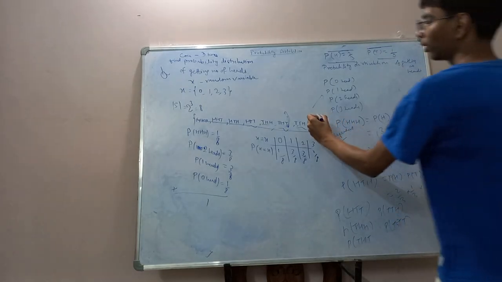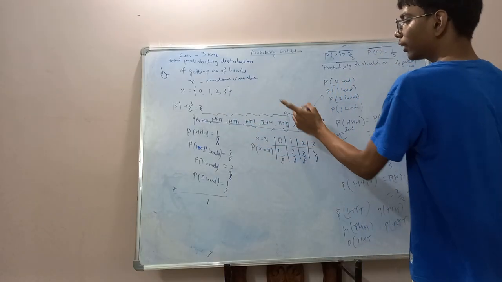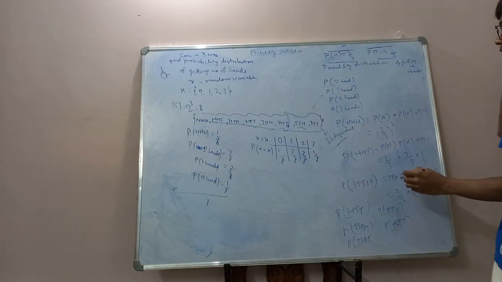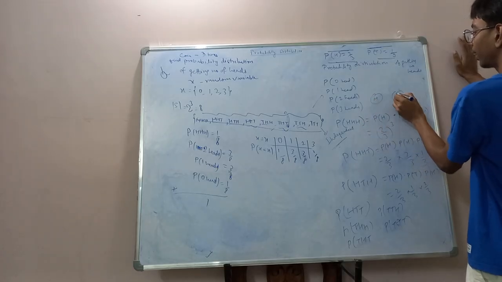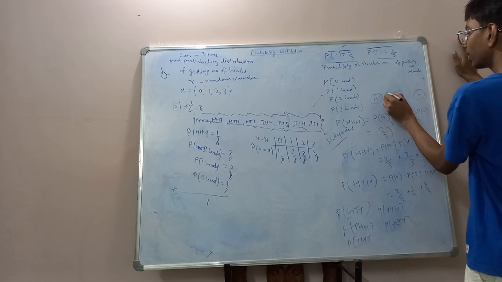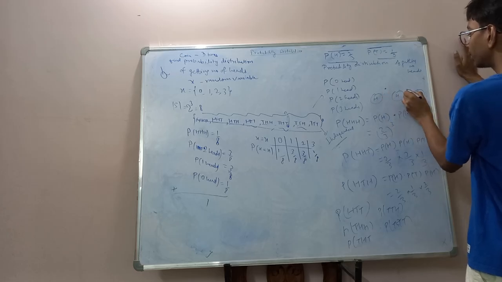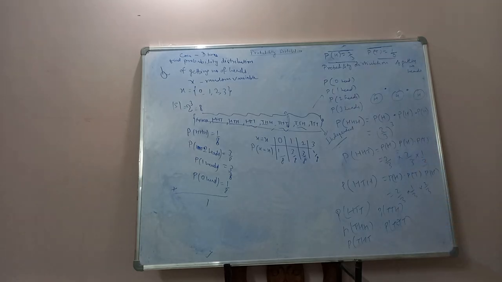The events are not dependent, they are independent. That's why to get head at first, then head, and then head the third time, these are all independent and we have to multiply them.